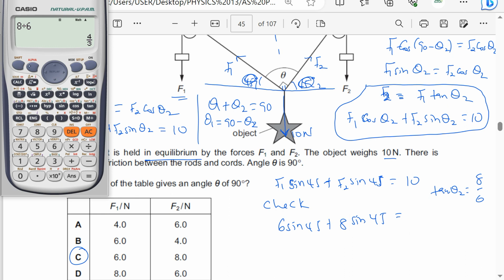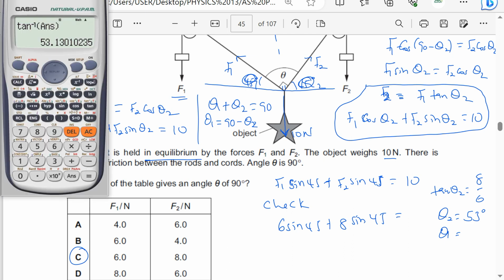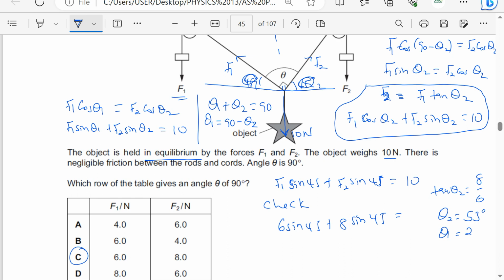So shift tan of the answer, that is 53. So if we take F1 as 6 and F2 as 8, it means theta 2 is going to be 53 degrees, which means theta 1 is going to be approximately, if the other one is 53, then this one is going to be around 37 degrees. Theta 1 will be around 37 degrees.